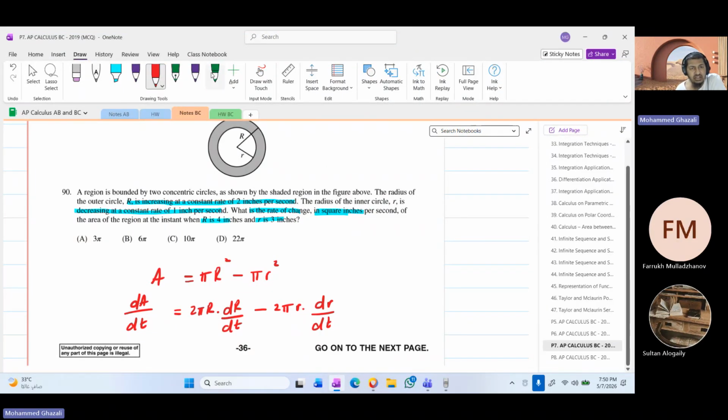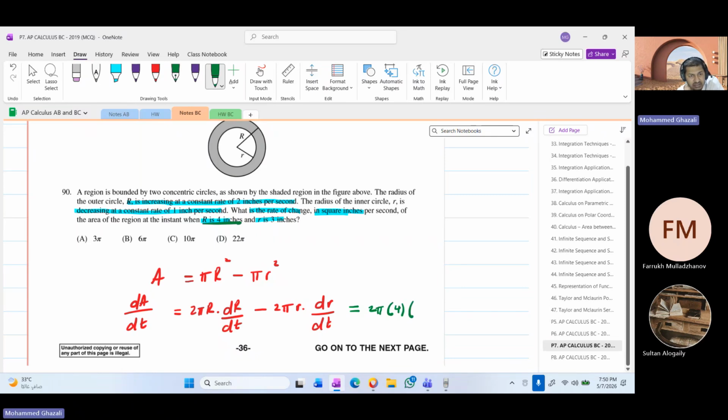Now read the question and substitute everything. Easy. So you got 2 pi. What is R? R is 4. What is dR/dt?